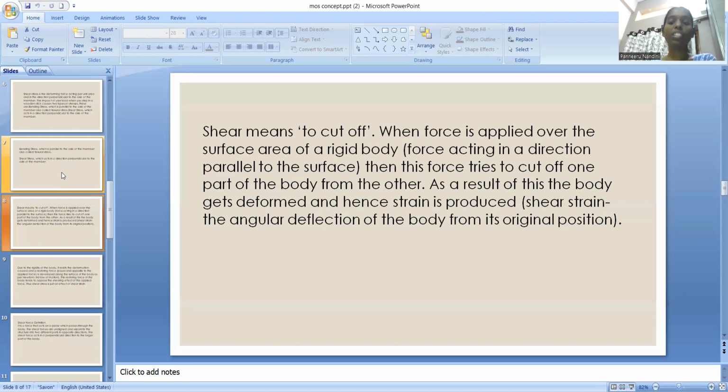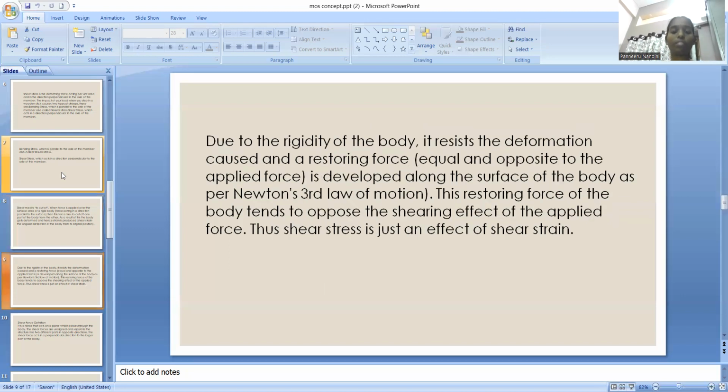As a result of this, the body gets deformed and hence strain is produced. Shear strain is the angular deflection of the body from its original position.